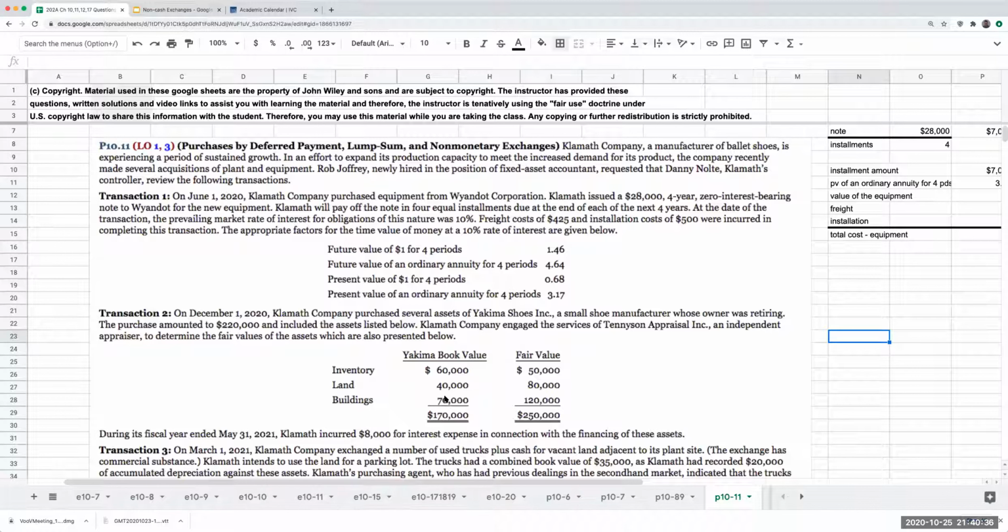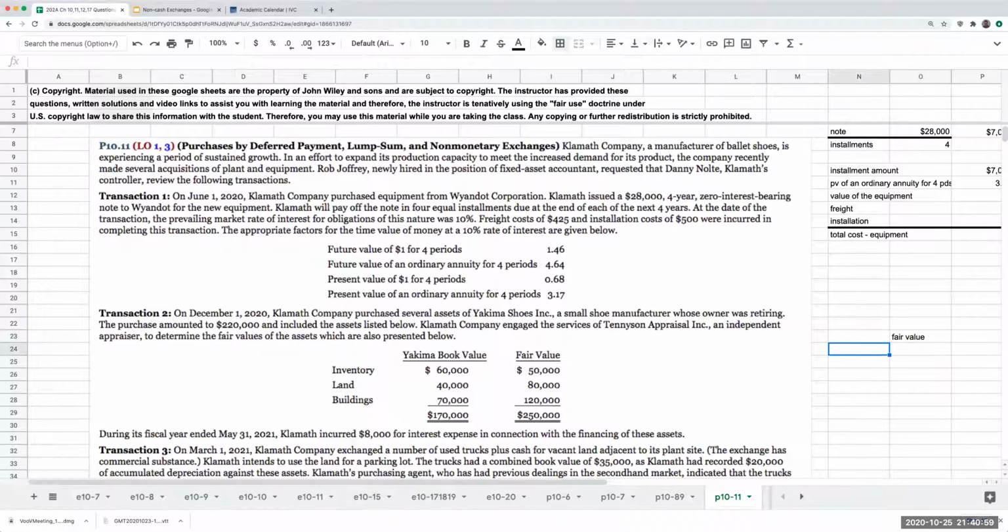A few things here. Whenever we're buying anything, book value goes out the door. But now we've got the fair value, and the fair value is higher than what we're actually paying for it. So instead of having goodwill, it's not necessarily badwill, but what we're going to have to do is allocate out the fair value.